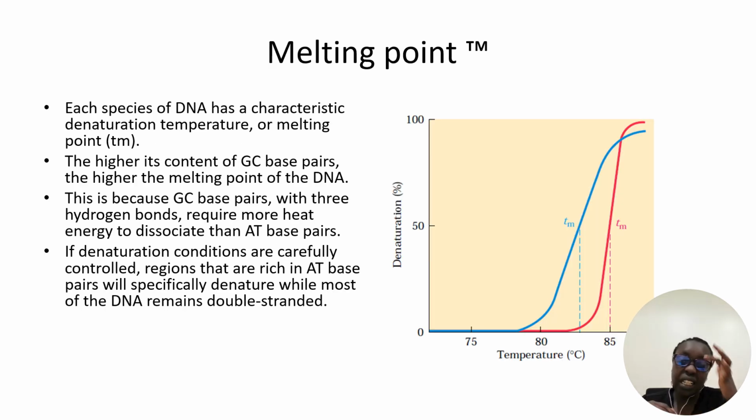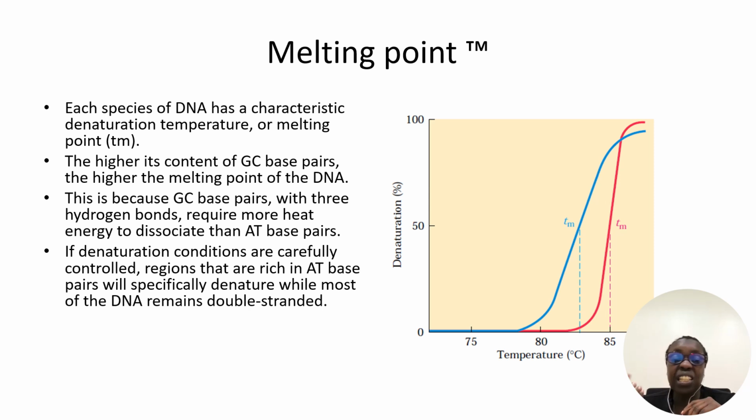So each DNA has its characteristic melting point, and this melting point depends on which kind of bases are there. Take 2 DNAs, one having a high concentration of adenine and thymine, another one having a high concentration of guanine and cytosine. It's no surprise the one with GC will have a higher melting temperature because, remember, between guanine and cytosine we had 3 bonds, while in the other one we only had 2 bonds.